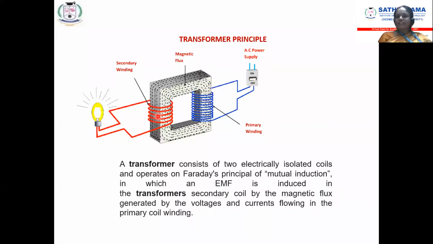If the number of turns is increased, it is a step up transformer. If the number of turns is decreased in the secondary winding, it is a step down transformer. Okay, so you have understood that a magnetic field is very mandatory if any energy conversion is to take place. With an electric field alone, the energy conversion never takes place.